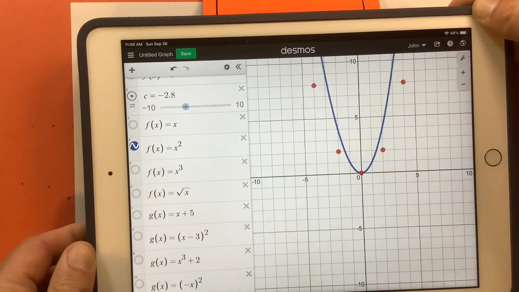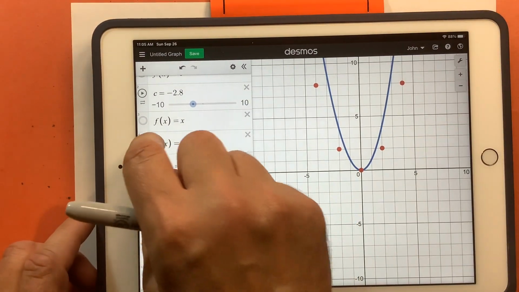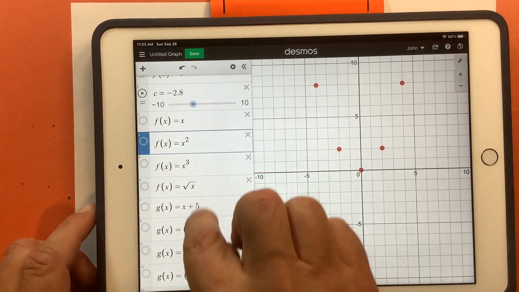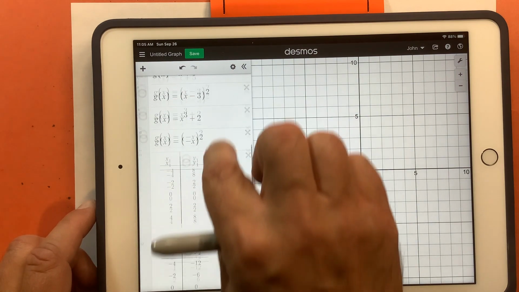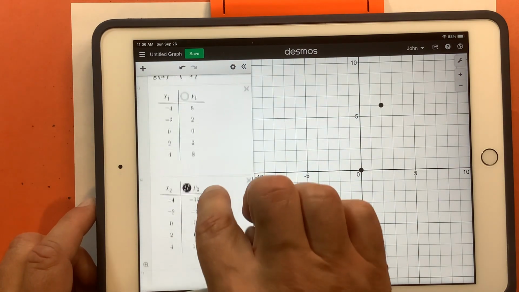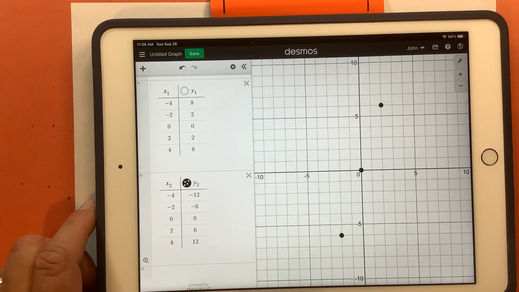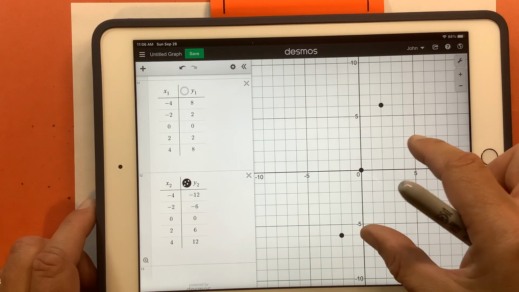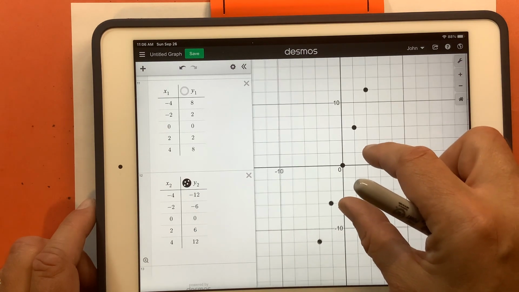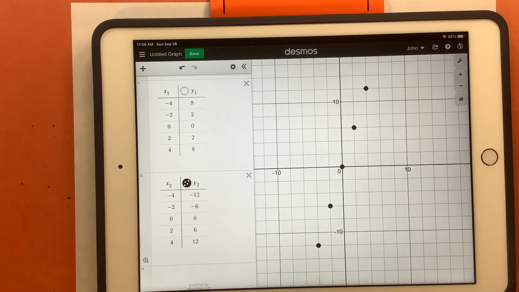So let's see what we have. Let's hide this one for now, because it still might be quadratic. And let's hide this one. This is the graph that we just did. Now, notice I've got 5 points and only 3 of them are showing up. That's because -4, -12, and 4, 12 are outside of my window. So I'm just going to pinch that down. Okay, looks good.